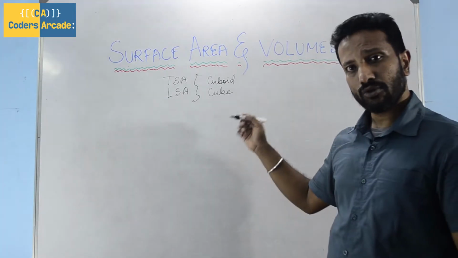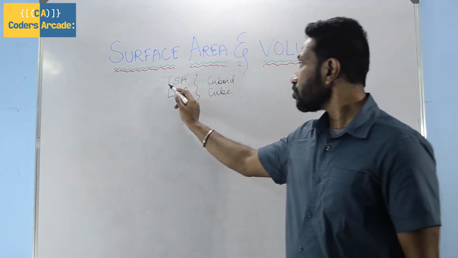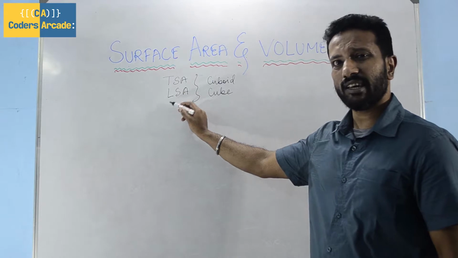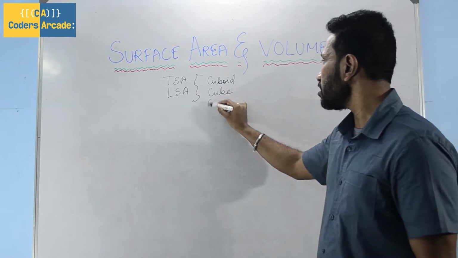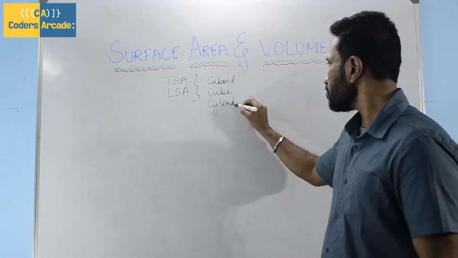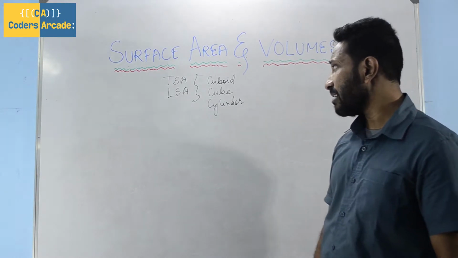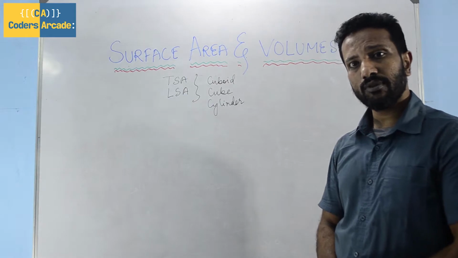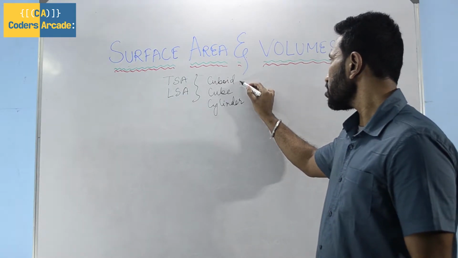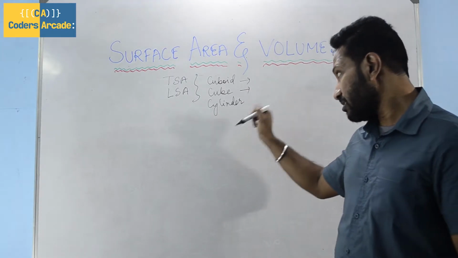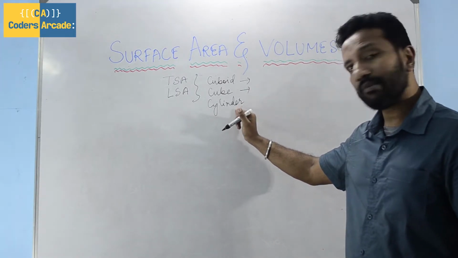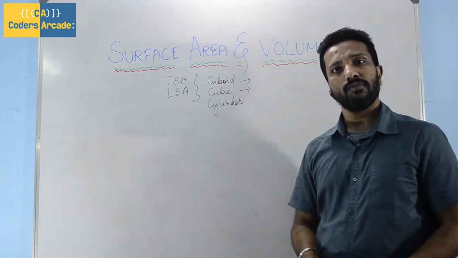I also showed you how to find the total surface area and the lateral surface area, or curved surface area, in the case of a cylinder as well. At the same time, I have showed you how to find the volume of a cuboid and a cube. But in this section, we will be learning how to derive the volume of a cylinder.